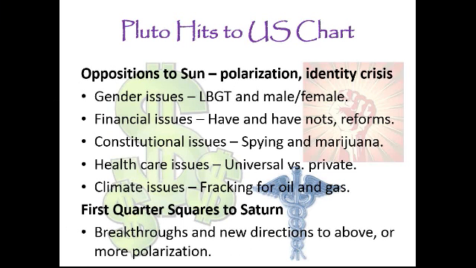Now, every time Pluto turns retrograde, through these next 5 months, you can look for things to come in the news in regards to these areas. And it's emphasized with Pluto retrograde. It's emphasized when Pluto goes stationary retrograde. It's emphasized when Pluto goes stationary direct.